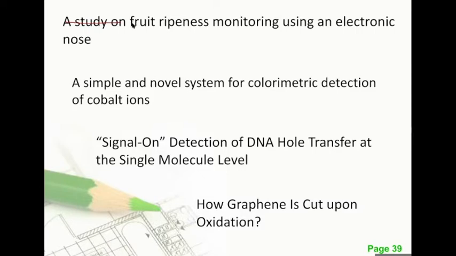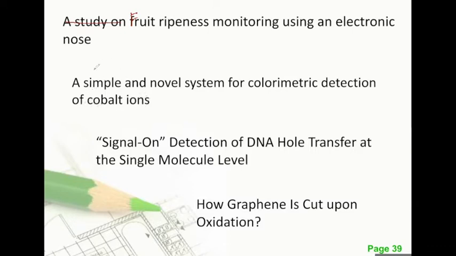Okay, so you start with the fruit ripeness monitoring using an electronic nose. Okay, so that's fine. Now, the second, a simple and novel system for colorimetric detection of cobalt ions.